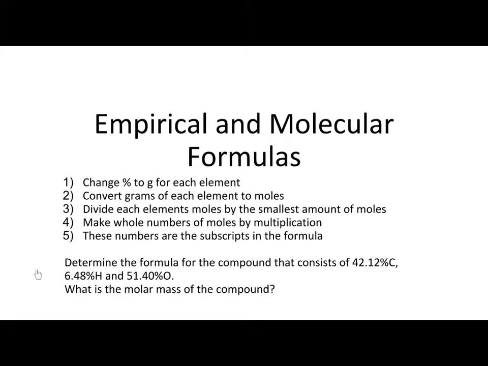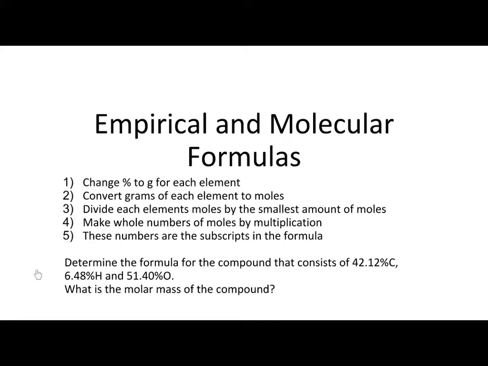Once we have our grams, we are going to convert to moles of our element. You guys should be able to do this by now. Really easy math at this point. You're going to take whatever mass you have, 55 grams of carbon, you're going to divide by the molar mass and figure out how many moles of carbon you have.